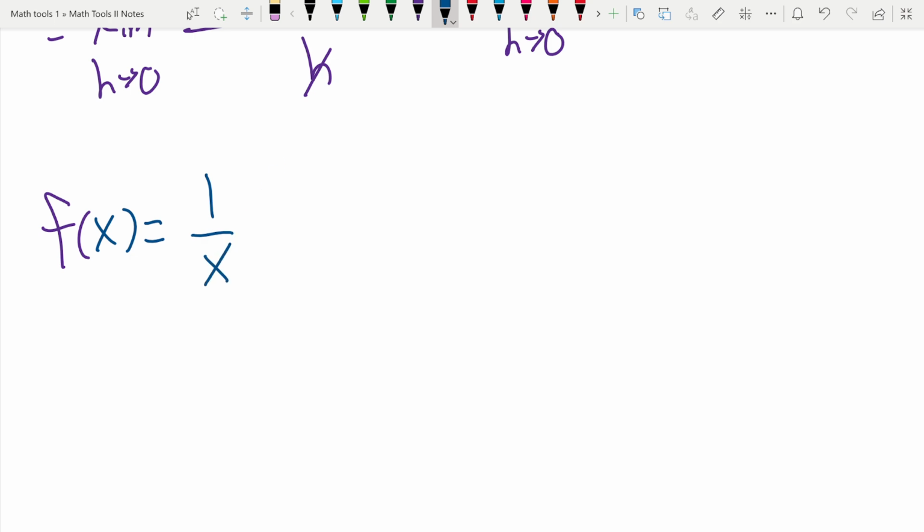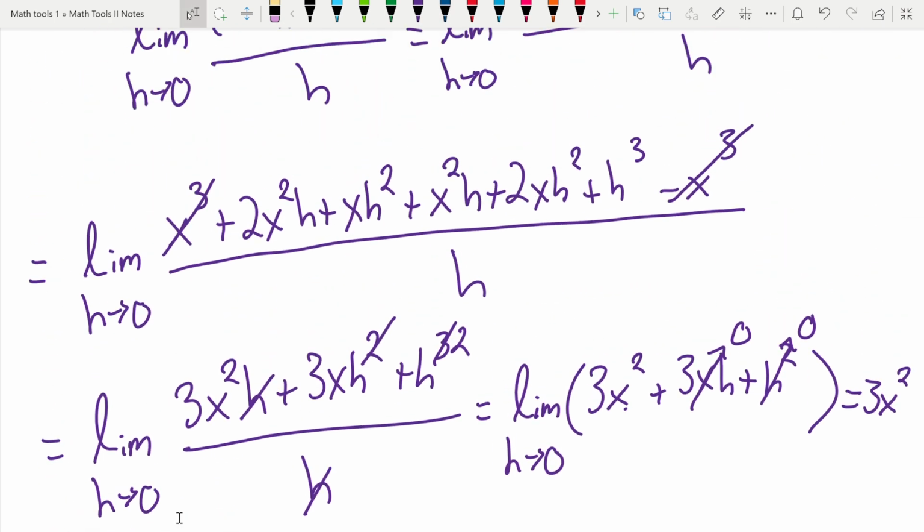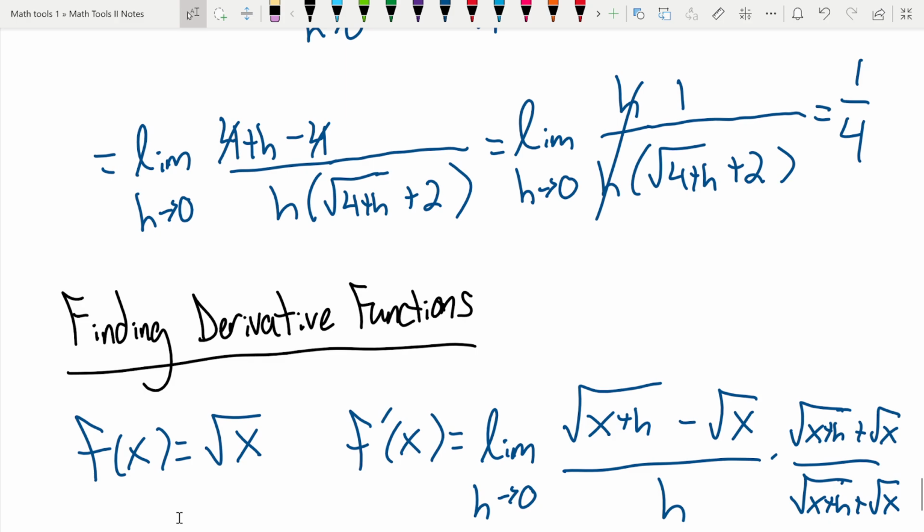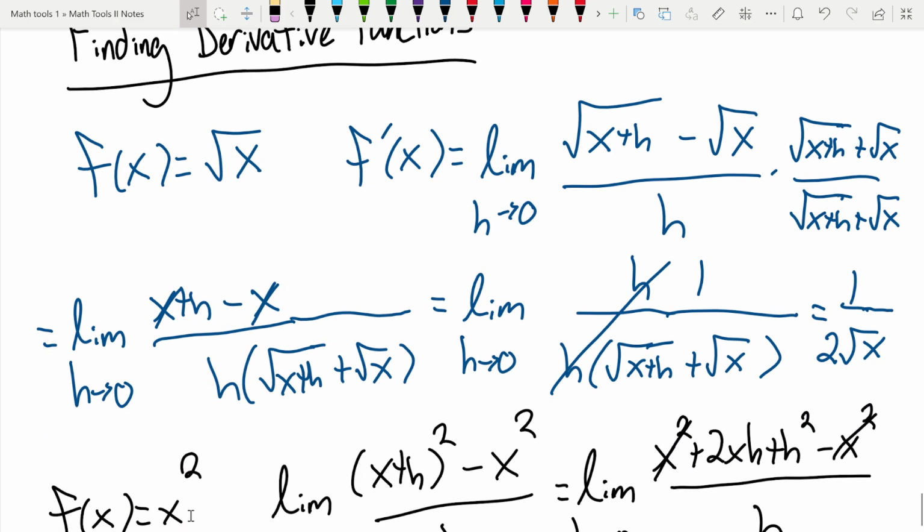One thing to keep in mind here is that we already know that the limit does not exist at 0. So therefore the derivative is not going to exist at 0. So in other words, we're going to get a function such that the domain is not going to have 0 in it. And actually, now that I'm thinking about it, I didn't mention that for the square root function either. So we should look at that real quick.